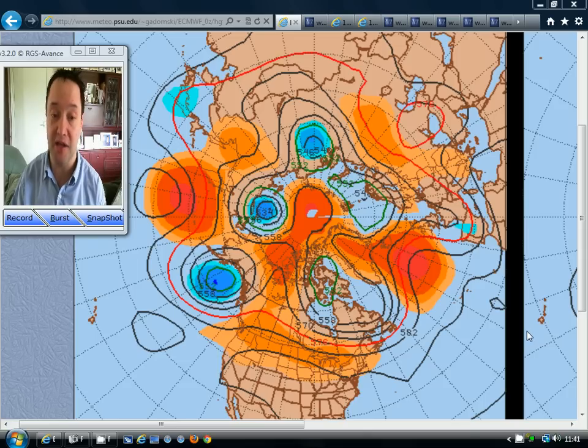500 millibars, 18,000 feet is an important area in the atmosphere because that's where we get the high pressure and the low pressure areas developing. It's as those high pressure, low pressure areas are moved around by the jet stream running above that really gives us weather. Now, the anomaly charts are showing temperature actually at 500 millibars. When we extrapolate those temperatures to pressure, where we've got above average temperatures, above average heights at 500 millibars, we've got these orange and red colours.